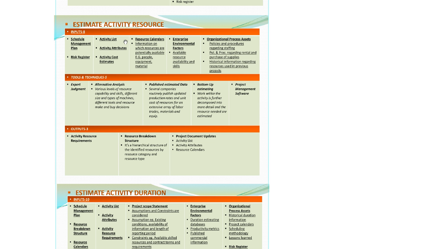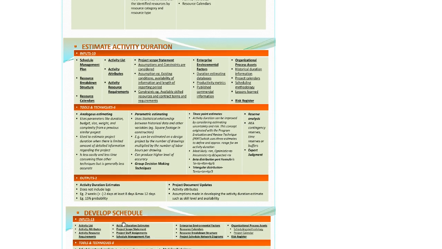So we need someone who could do the furniture. So we probably need carpenters. How many carpenters do we need? When do we need them? For how long do we need them? And how much time are they going to take to finish this work? Are they available for work? Are they not available to work? So again, estimate activity resources has 8 inputs, 5 tools and techniques, and 3 outputs.